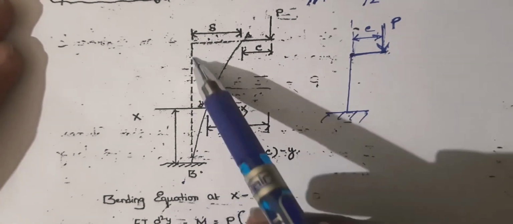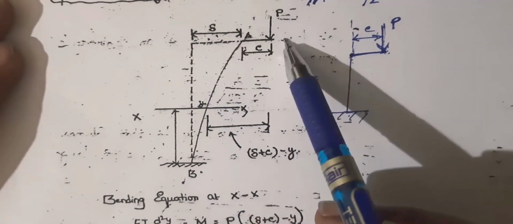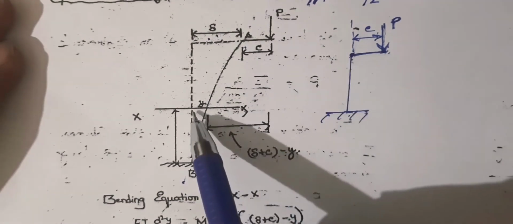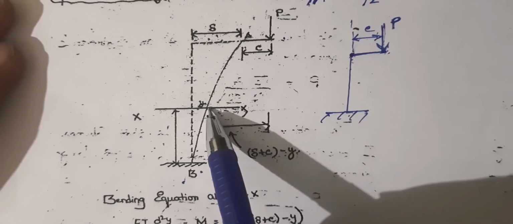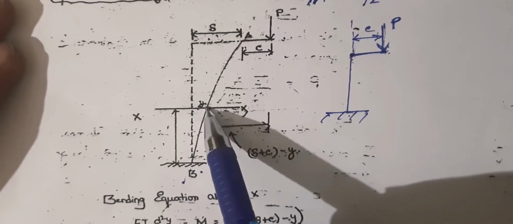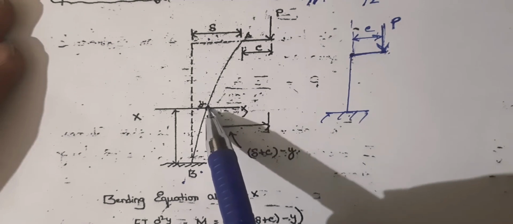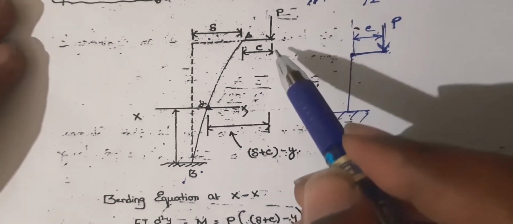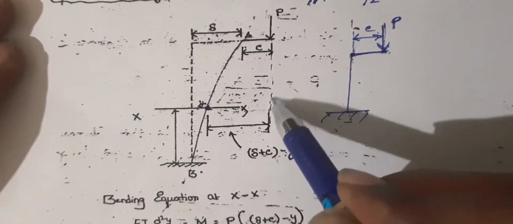Therefore, from the original position, it is at a distance of delta plus e, right? But what is the deflection here at this x? y. Now I am trying to find the distance between this point and the load. What is that? Delta plus e minus y.